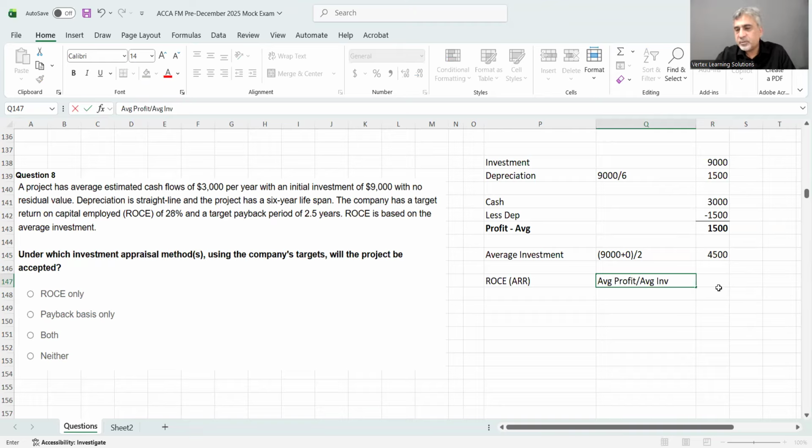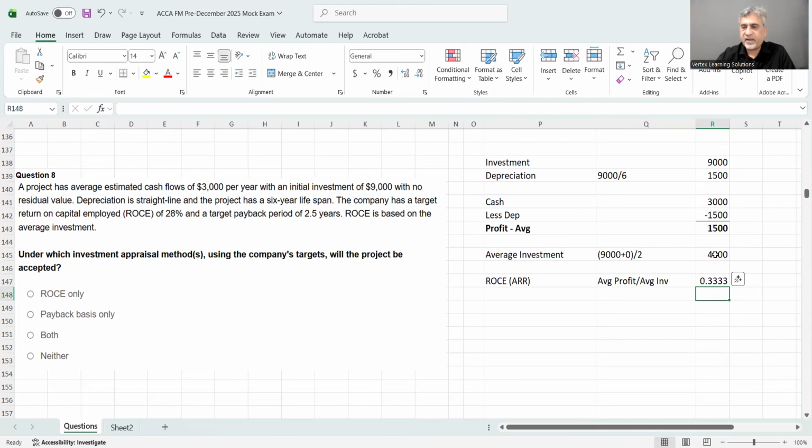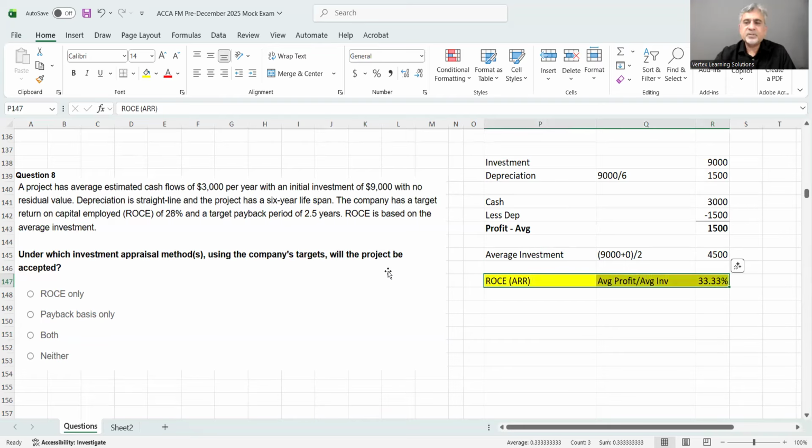Average profit is 1,500 divided by average investment 4,500, and that gives me 33.33%. So based on ROCE, this project is accepted, because they said 28% return, you can invest money in any project which brings 28%. Our project gives 33%, so this project is accepted on ROCE.